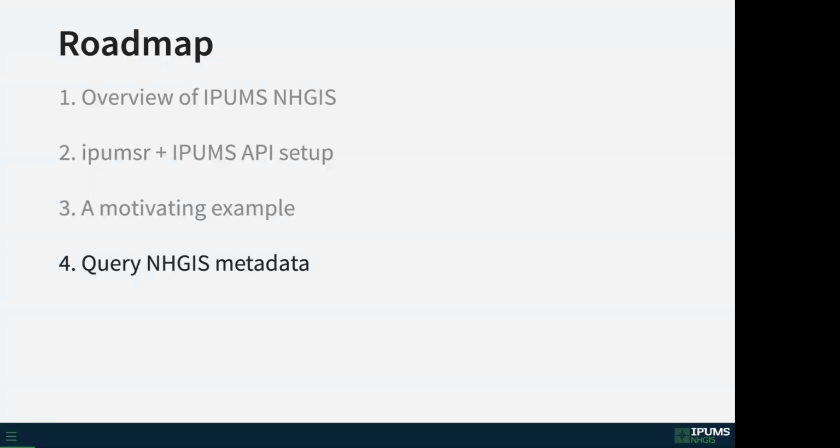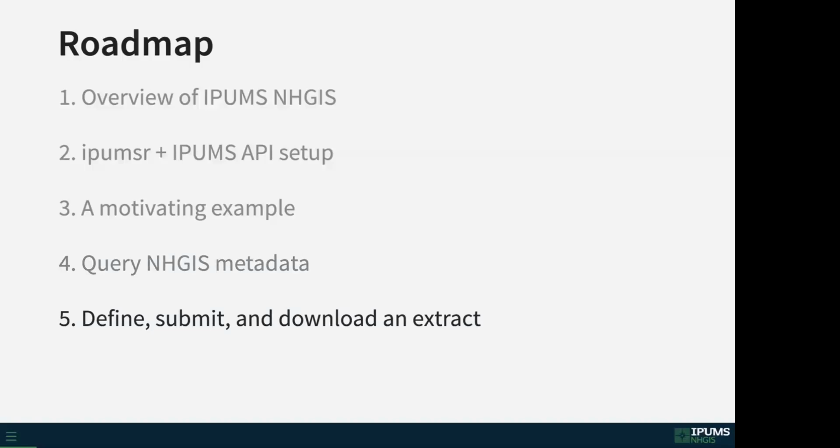And then we'll get into the meat of the webinar. I'll show you how you can query NHGIS metadata from R and how you can use those metadata to define, submit, and download an NHGIS extract. And then finally, I'll show you how you can scale this up a little bit using the building blocks that I've introduced to build a slightly more sophisticated workflow that might be more approximate to a real use case.